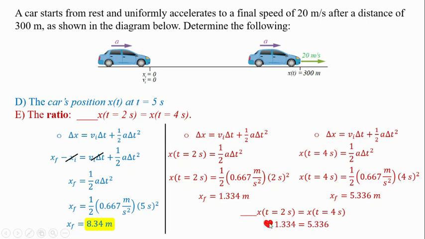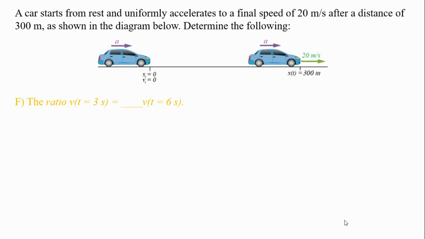In order to get x by itself, which represents the blank, you would simply divide both sides by 1.334, and if you do that properly, heart is going to turn out to be 4. So that is your blank. So we say 4 times x at 2 seconds is equal to x of 4 seconds. And that makes sense to me. Okay, so we need to play that back.